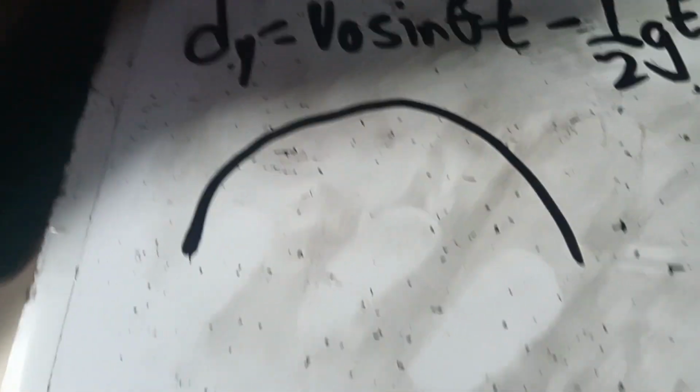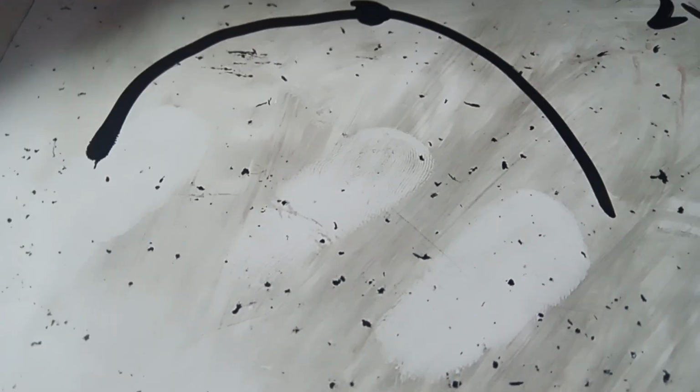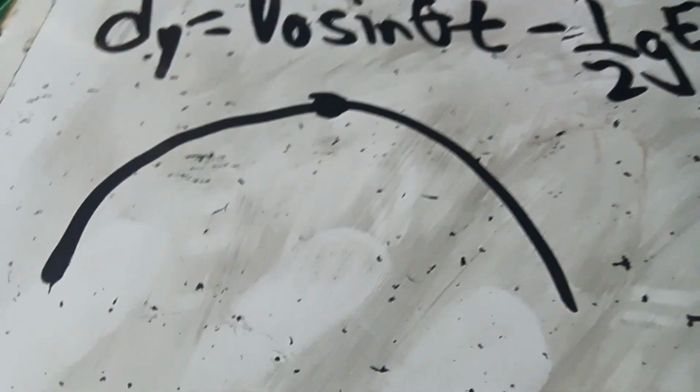If we want to get the time at the maximum height, since we know it's a quadratic equation, we can actually just use the formula for the coordinate of the vertex, which is negative b over 2a. Remember, our x in this case is the time.